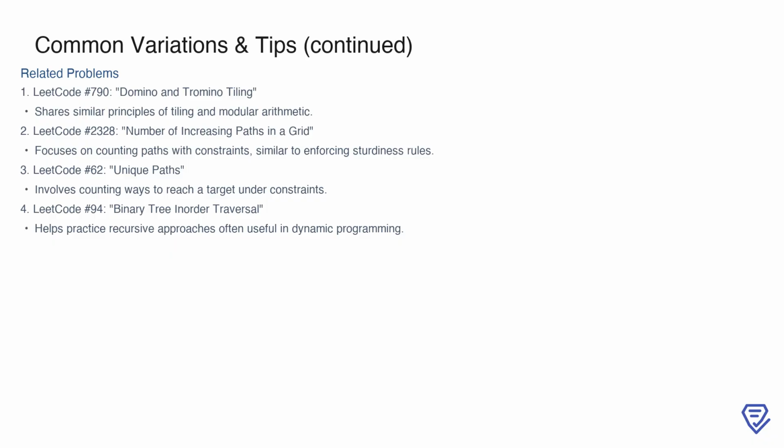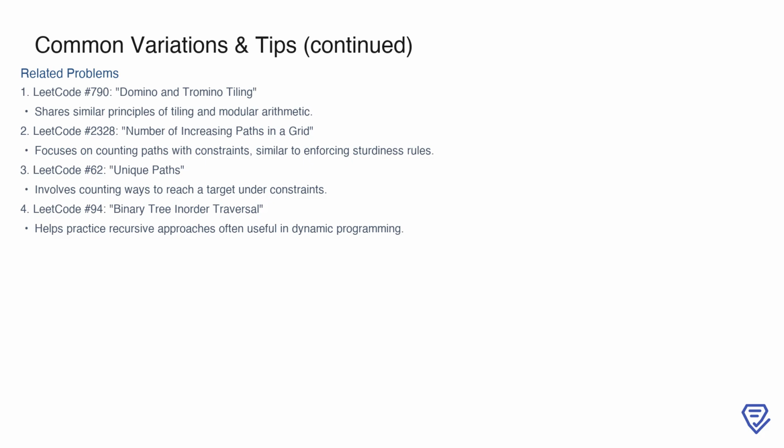This problem shares similarities with several other LeetCode questions, which can help you deepen your understanding. For instance, LeetCode number 790, Domino and Tromino Tiling, involves similar principles of tiling and modular arithmetic. LeetCode number 2328, Number of Increasing Paths in a Grid, focuses on counting paths under constraints, much like enforcing sturdiness rules in this problem.